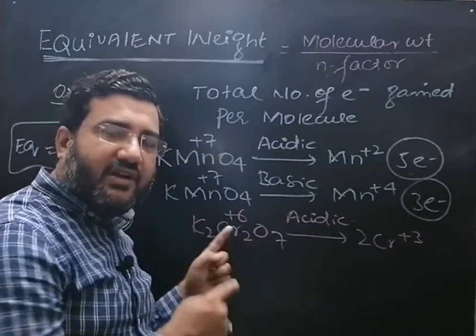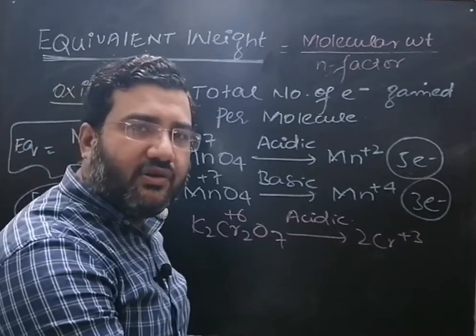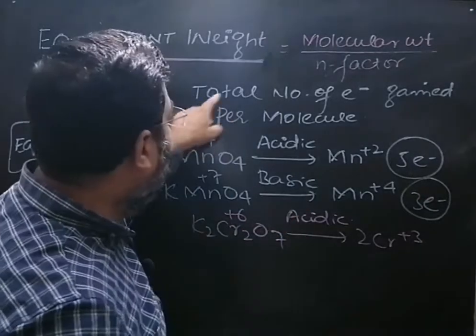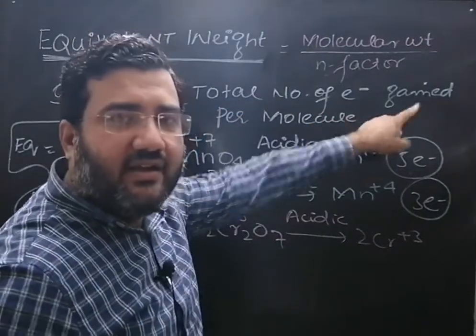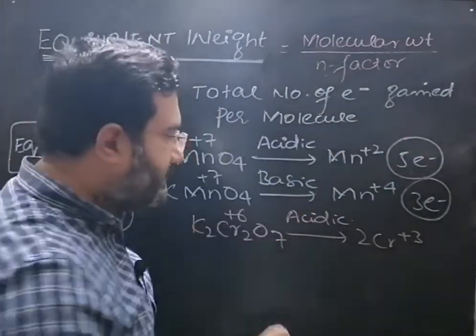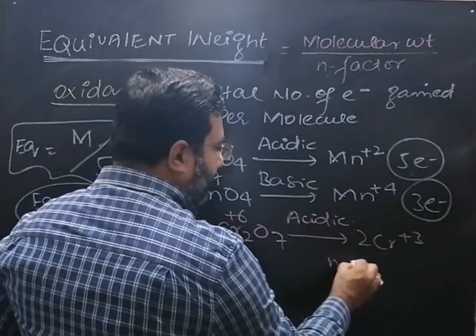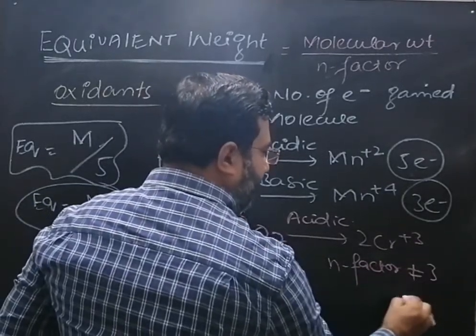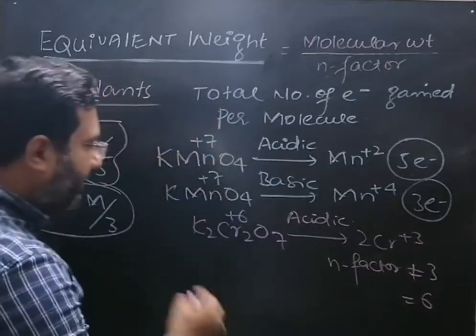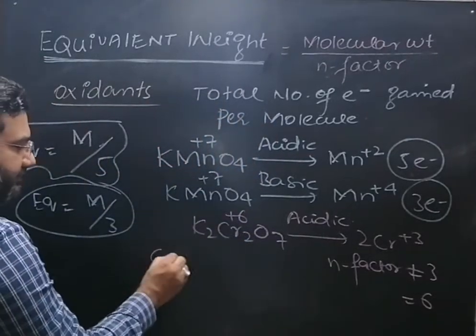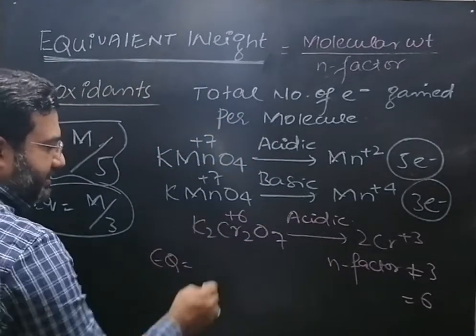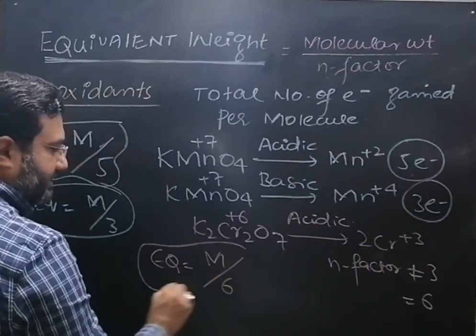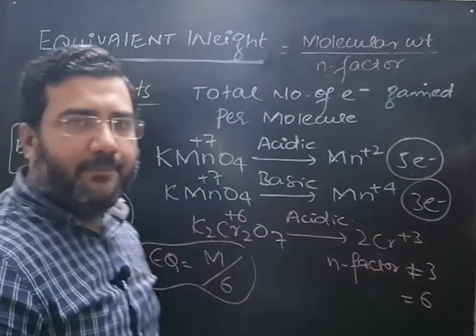So the other chromium atom will also gain 3 electrons, and the total number of electrons gained will be equal to 6. So here the N factor should not be 3, rather it is equal to 6. And what should be the equivalent weight of K2Cr2O7? That should be its molecular weight divided by 6.